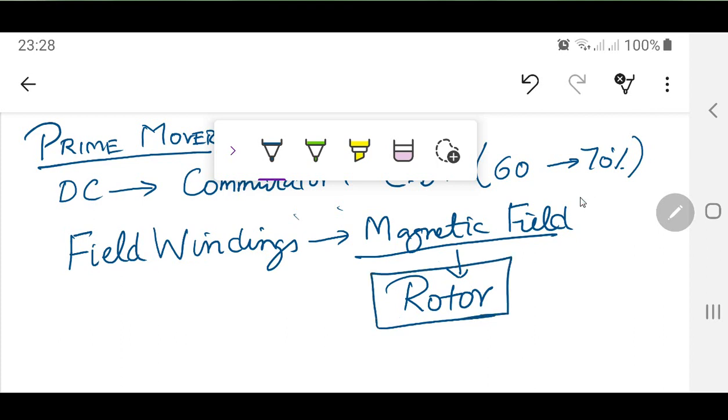Now, how this will work, we'll get to that a little afterwards. So the field windings are going to be on the rotor. So the field which is going to be given to this generator, same thing, no change there, is going to be on the rotor.